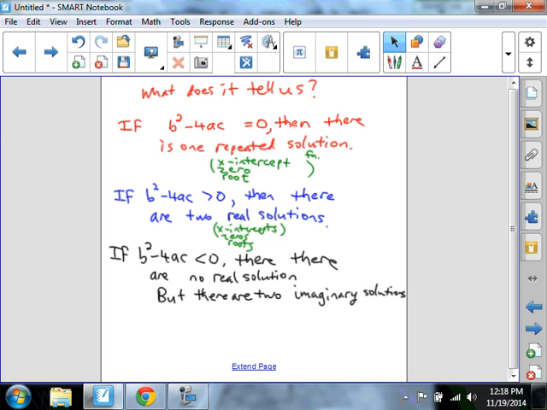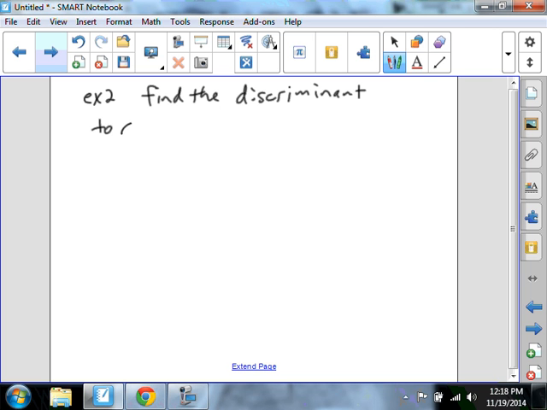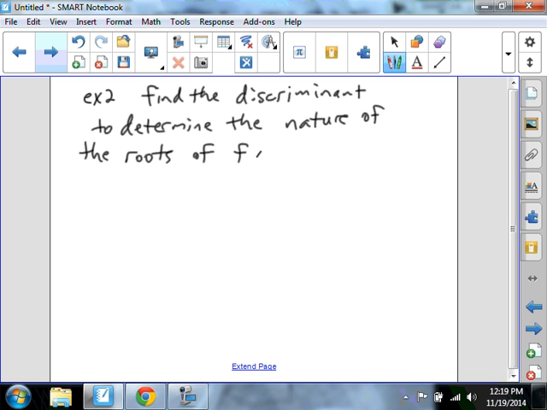Here goes example 2 then. Example 2. Find the discriminant to determine, and I'm going to use a word here that really trips people up, to determine the nature of the roots of f of x.